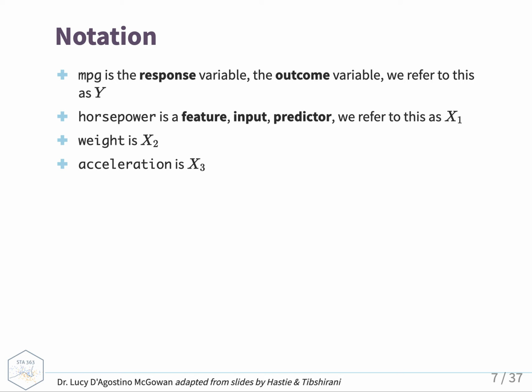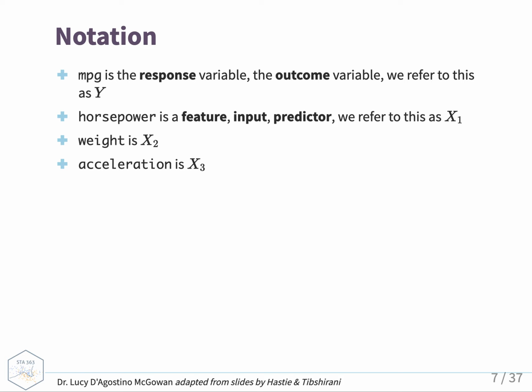Miles per gallon, again, is the response variable here. It's that outcome variable, the thing that we refer to as y. I'm going to be doing these notation pauses throughout this lecture and the first couple sets of lectures just to make sure that we're all on the same page, because sometimes notation can differ between classes. A great place to post questions about notation is in our discussion forum.